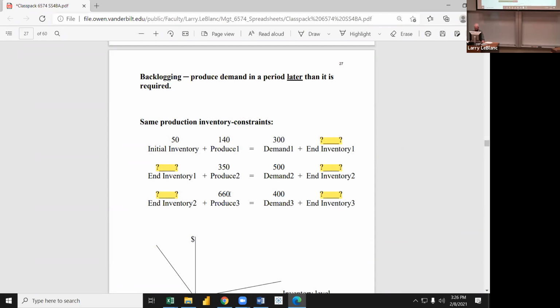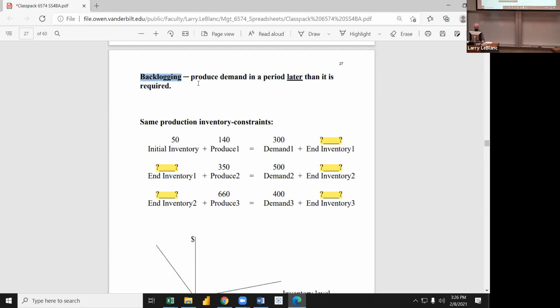Minus 260 plus 660 equals 400. 400 equals 400 plus how much? Zero. So we are producing all of the demands in the time horizon. But we backlogged, we produced it later.